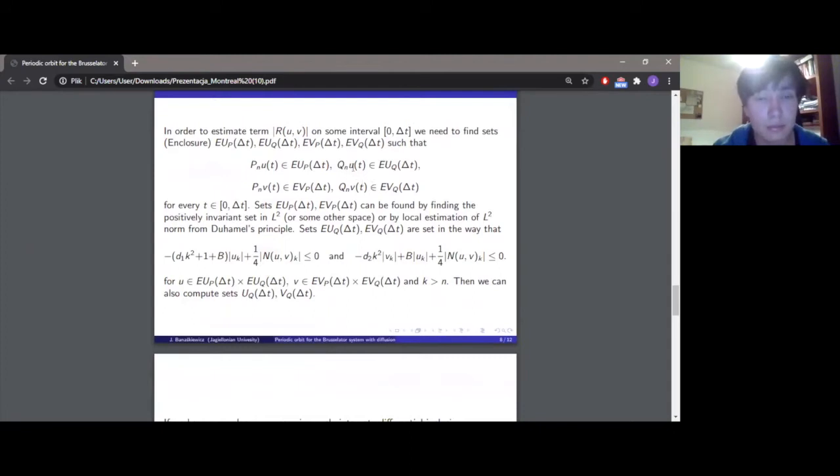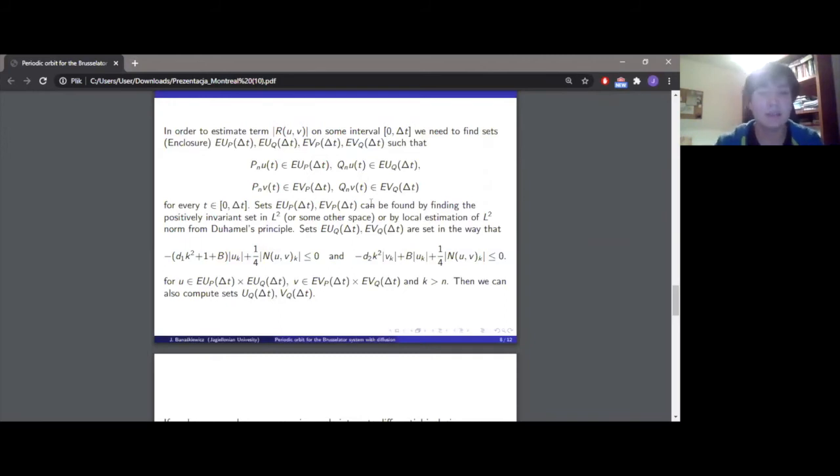Again, we divide this enclosure into two blocks, and these blocks for the finite dimensional part come from some estimation on finding a positively invariant set in L2 or some other spaces, and so we need some estimates that our initial values are in some positive invariant set, or we can use local estimation in L2 or some other spaces from the Duhamel principle.